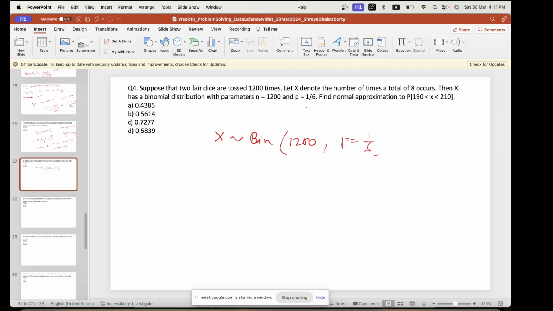I hope you understood how you got this 1/6. A total of 8 can happen if it is (2, 6), (6, 2), (3, 5), (5, 3) and (4, 4). Any other combination does not give a total of 8.